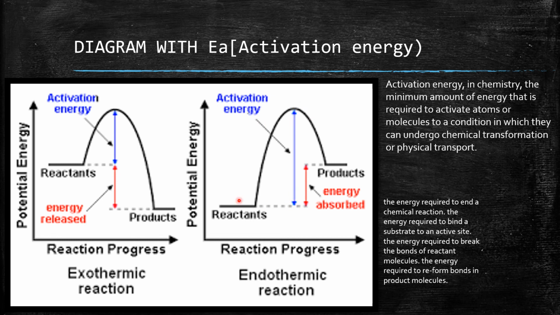The reactant is here, the bump is here, so the activation energy will be here. How about energy release? It is between product and reactant. So this is reactant, this is product, this is energy release. Understand?